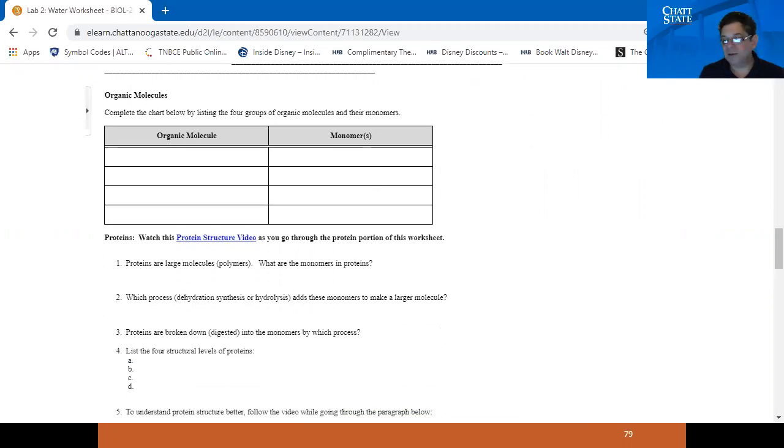Okay, organic molecules. Here's another one of those. Do you know it or you don't? By this time, we've mentioned it so many times in lecture and in lab, actually. You should be able to name those 4 organic molecules. If you can't name them straight out of your head right now, well, you know what you need to work on, because that's where you need to be. I'm not saying you need to know everything, but certain things like your bonding, you need to be able to write out a note card right now.